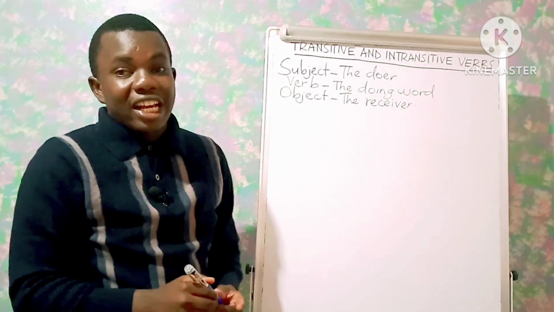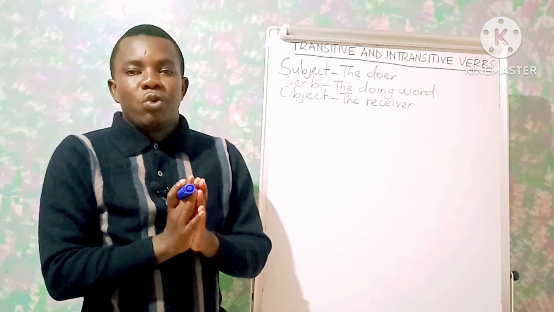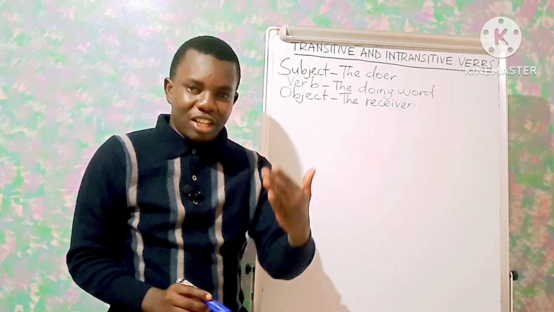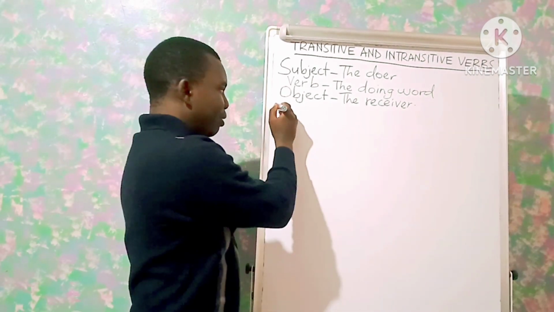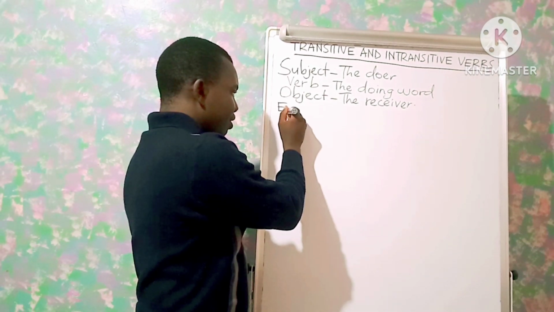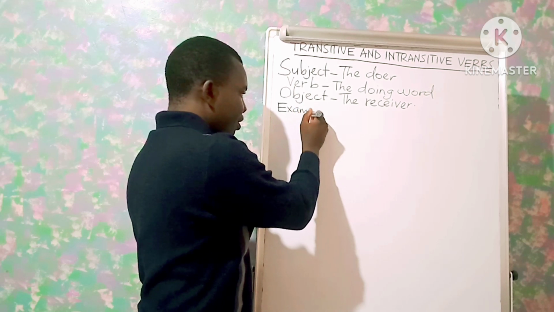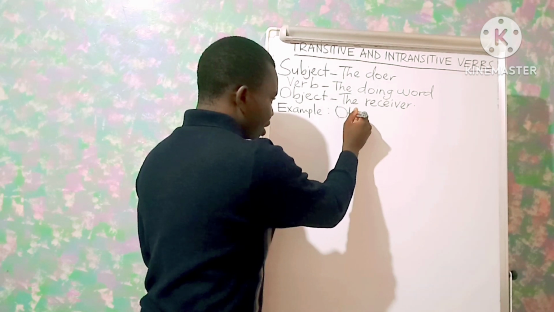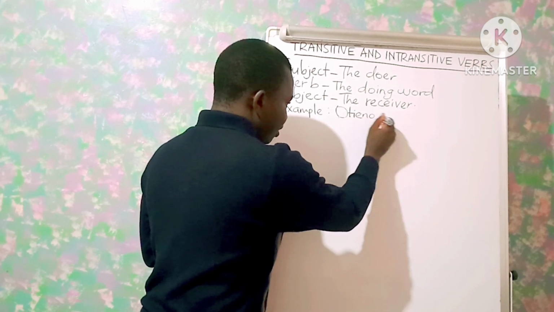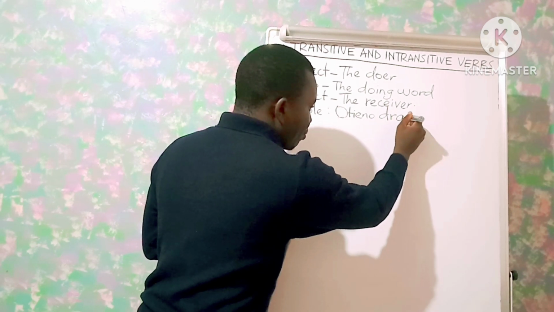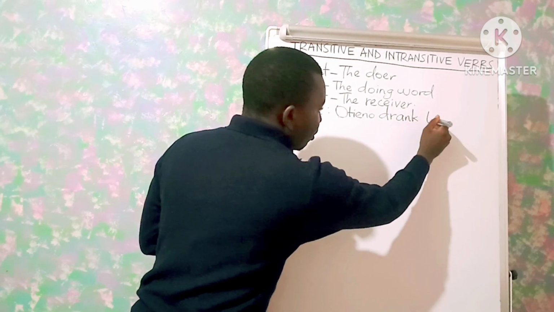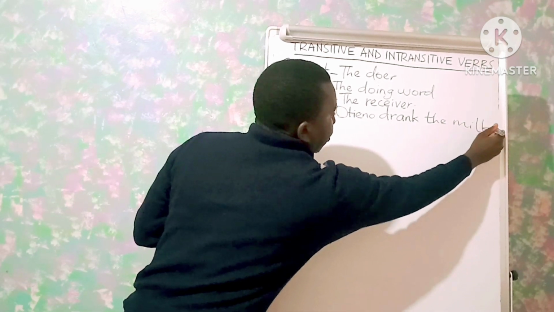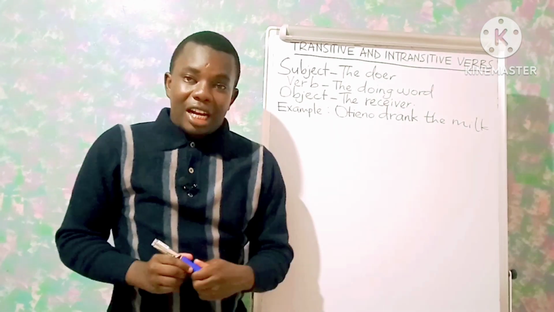I want to give us an example of a sentence which has the three of these: the subject, the verb, and the object. The example could be, Otieno drank the milk.